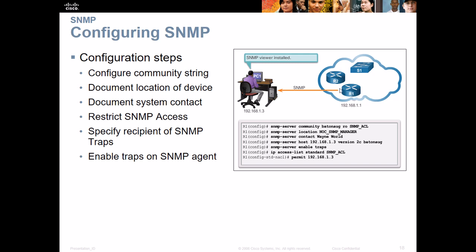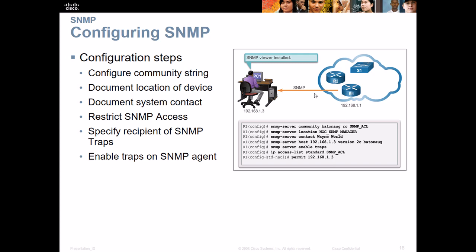All right, so I write that in there, and I'm going to use an ACL to allow me. By the way, all of the rest of this is going to be optional, really. So I set R1 to send me information. I'm going to say ip access-list standard SNMP_ACL, and I'm going to permit 192.168.1.3.